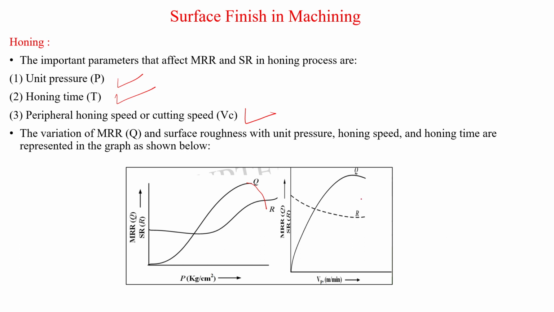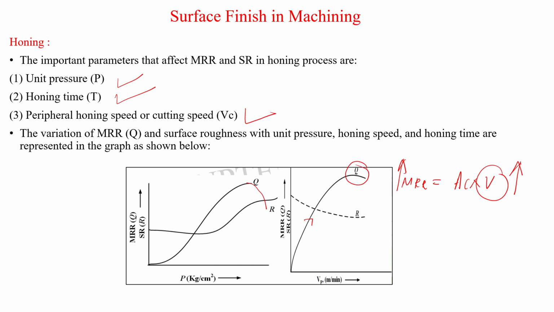Now the cutting speed. When we look at the MRR formula, it is always area of cross section into speed. So when we increase V, the MRR generally increases. However, at very high V, because of temperature phenomena and other factors, the MRR decreases.